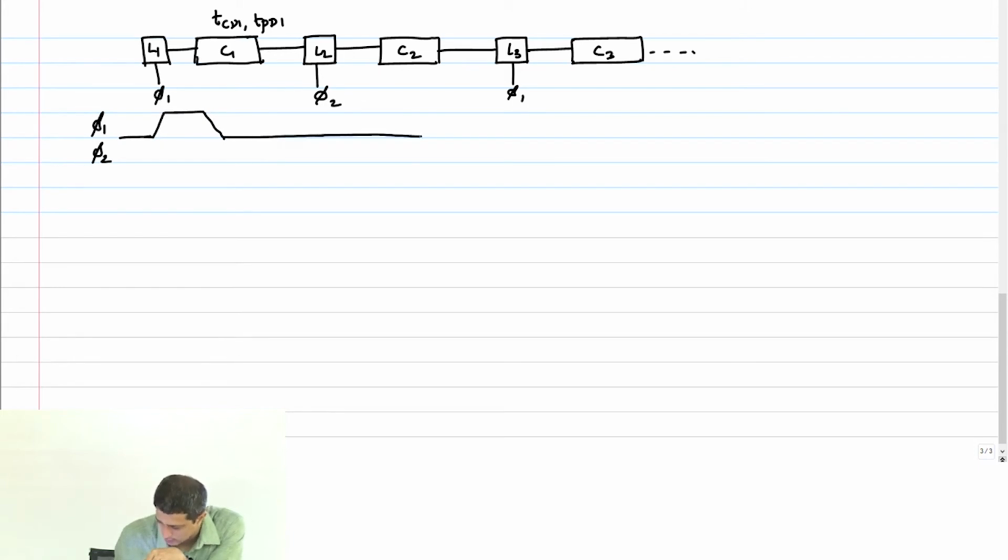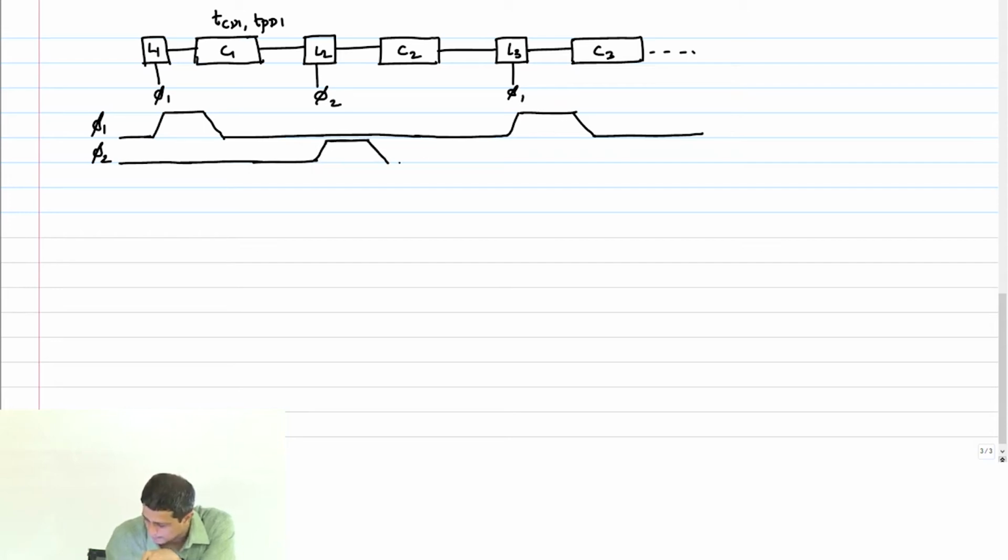Right, this is going to be 0 all the way until the next phi 1. Similarly, phi 2 will go high here. This is L1, L2, yeah. And somewhere here you will have the next L4 controlled by phi 2 again.